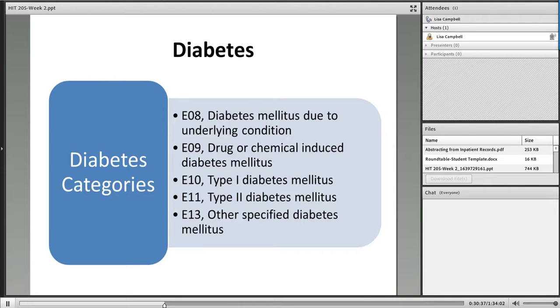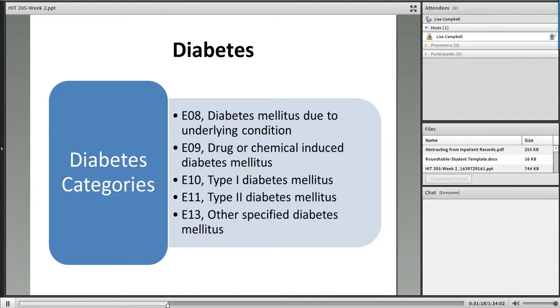Okay. Then the next column says, and I have this highlighted in my book because it's easier to find, the next big major category of codes is diabetes due to drug or chemical induced. And as I just mentioned, that's category E09. So you'll notice under due to drug or chemical, there are some "with" manifestations, because patients that have diabetes oftentimes have other conditions that manifest as a result of the diabetes.